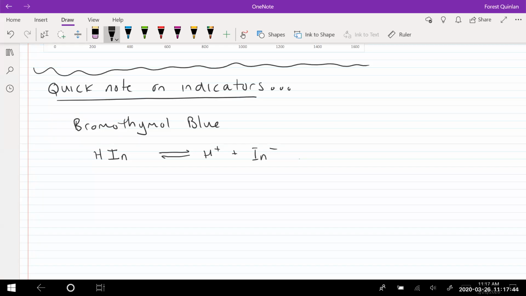When you actually end up getting one of those OHs to attack and rip off one of the H's, what you'll end up doing is breaking that chain, shortening that loop, and therefore making a different color. Now, with bromothymol blue, we know that it started out as yellow, and it would turn into blue when you ended up getting a bunch of those indicators floating around in there.